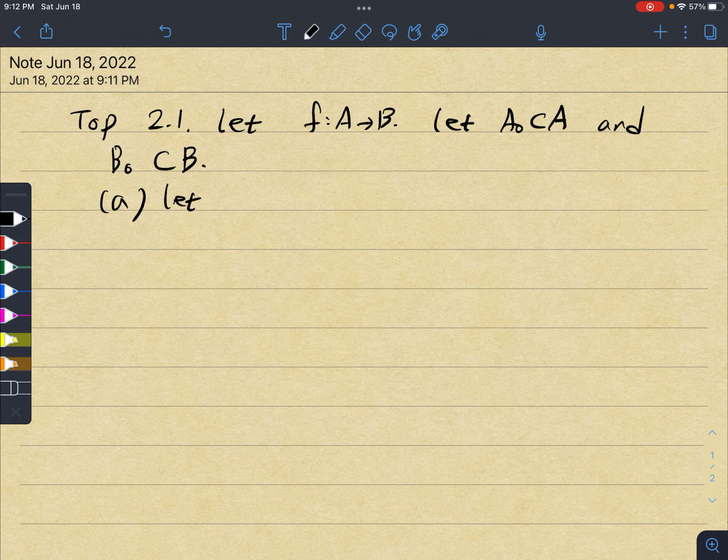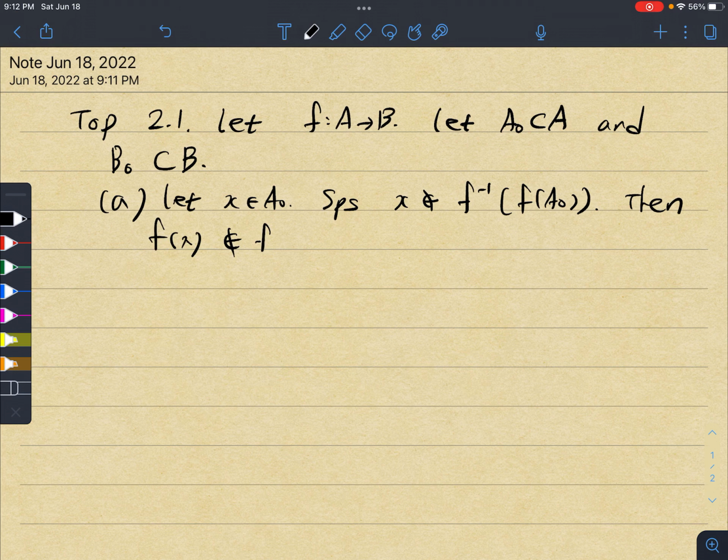Let x be an element of A0, and suppose, actually I write suppose as SPS just to let you know. So suppose x is not an element of f inverse f A0. Then, by definition, f(x) is not an element of f A0, and this is a contradiction.